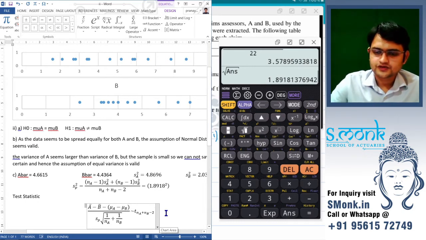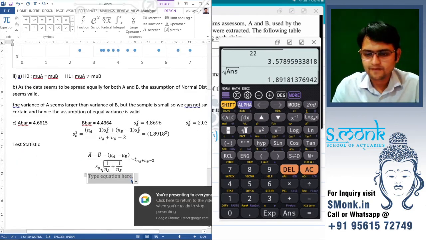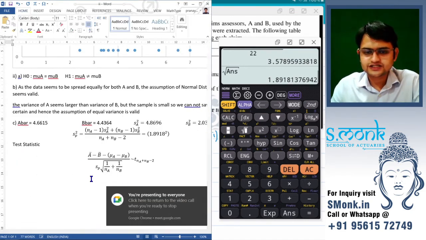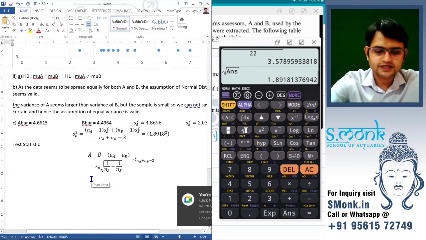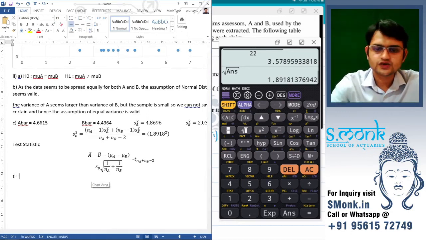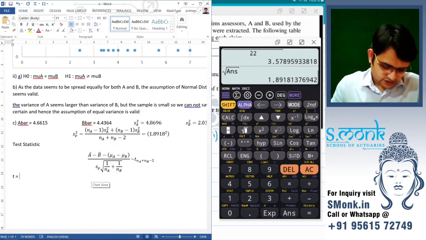Okay, so we'll then write down our observed value, or you can just write it as T. If you don't want to write T observe, it might not look very nice in Word, just write T. That is good enough for our test statistic. So we'll find these values.